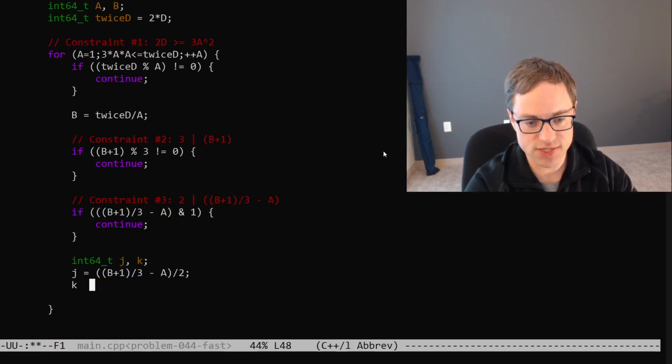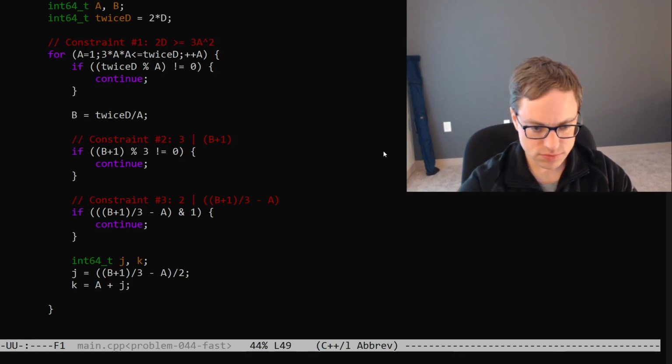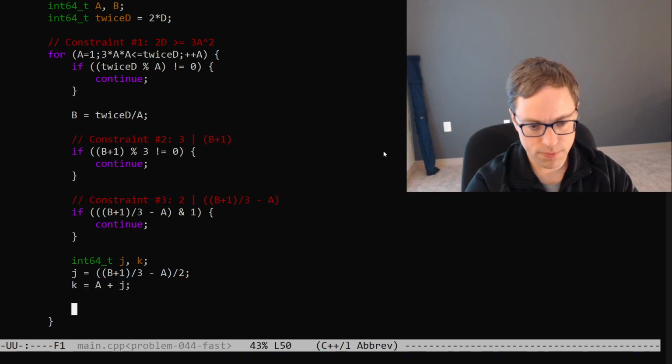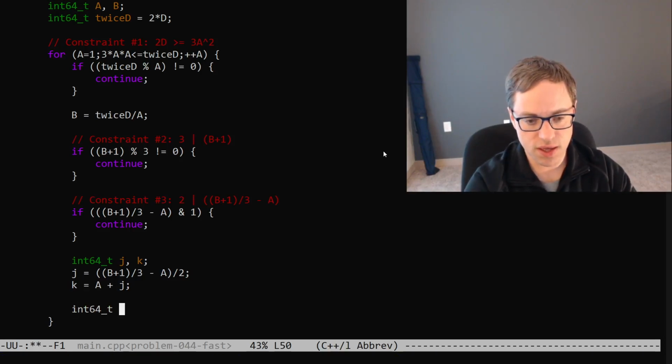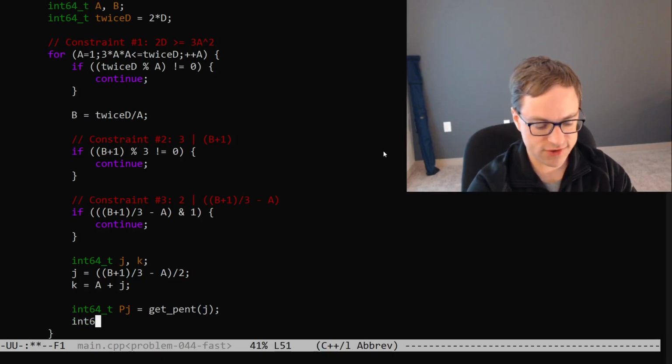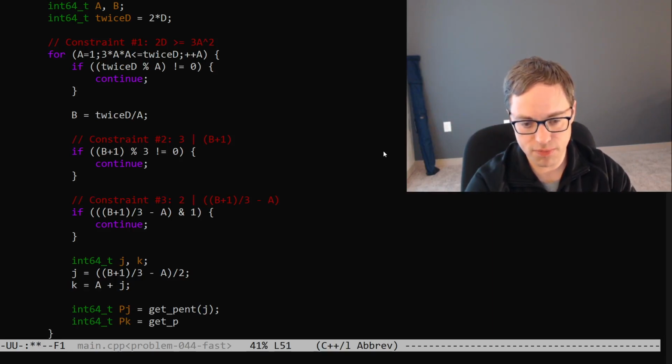So we'll say k is equal to a plus j. Then we'll say int64_t p_j is going to be equal to get pent j, and int64_t p_k is equal to get pent k.